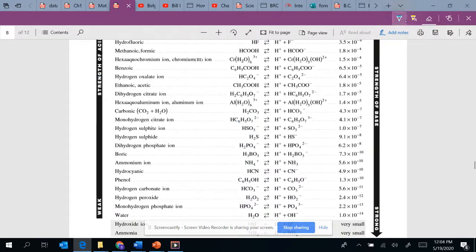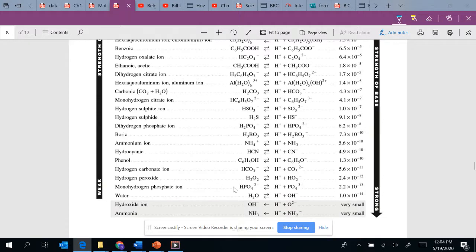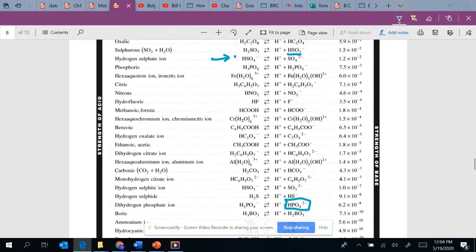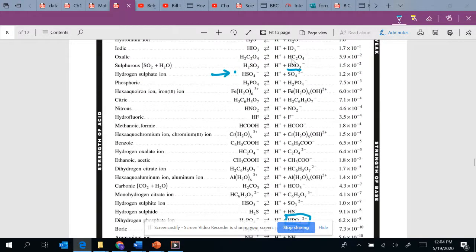Okay. Now, we want to say this HPO4. Now, that's not the HPO4 we're looking for. We're looking for the base. So here's HPO4. That is where, because it's on the base side. Now we have to find HSO3 on the base side. And there it is way up there.